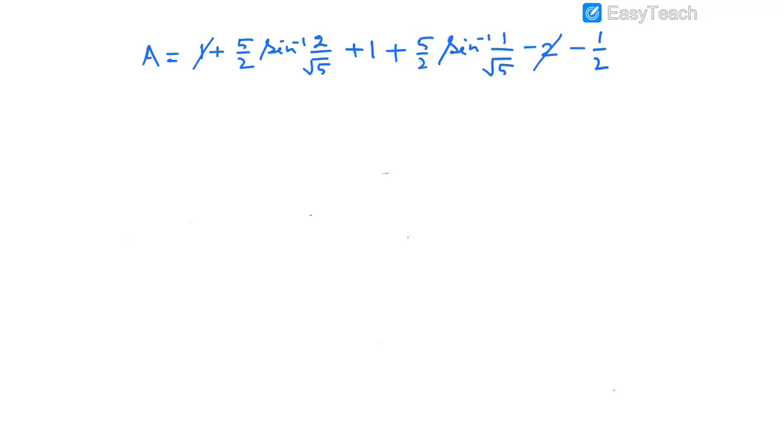Here minus 2 is cancelled out by this 1 plus 1, 2. So we take 5 by 2 outside and club this sin inverse 2 by root 5 and the sin inverse 1 by root 5.